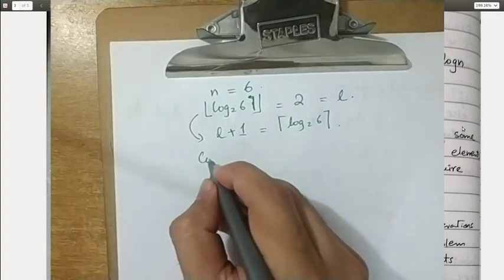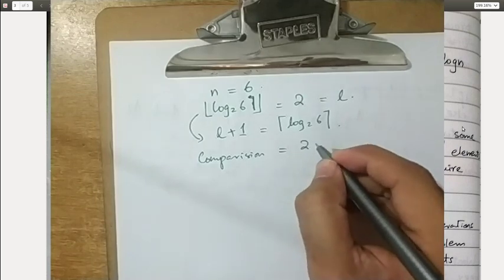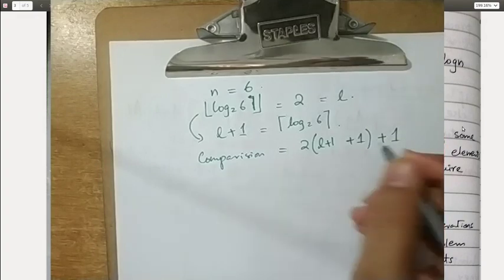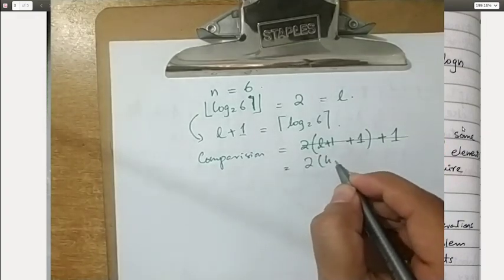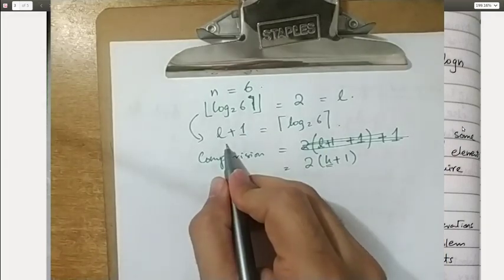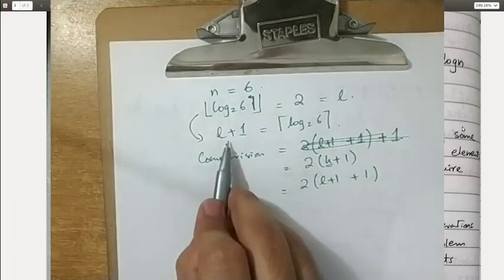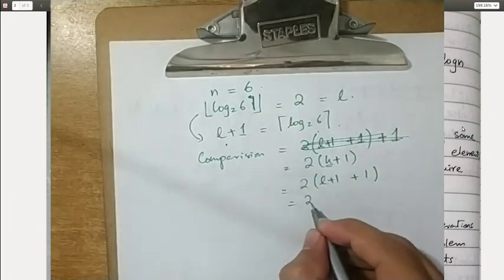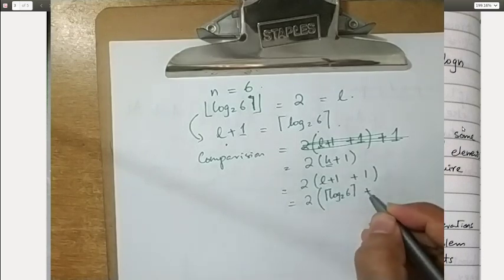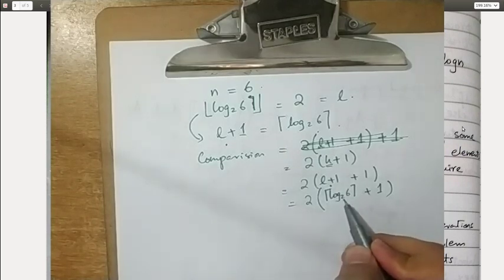So the comparisons that you're doing are equal to 2 times L plus 1 plus 1 plus 1. Basically this was 2 times k plus 1, and k was your L plus 1 class. So this was 2 times L plus 1 plus 1, and L plus 1 is nothing but the ceiling. So 2 times ceiling of log base 2 of n plus 1. If you can write it as L plus 1, do that. If you want to write it as ceiling, write that.